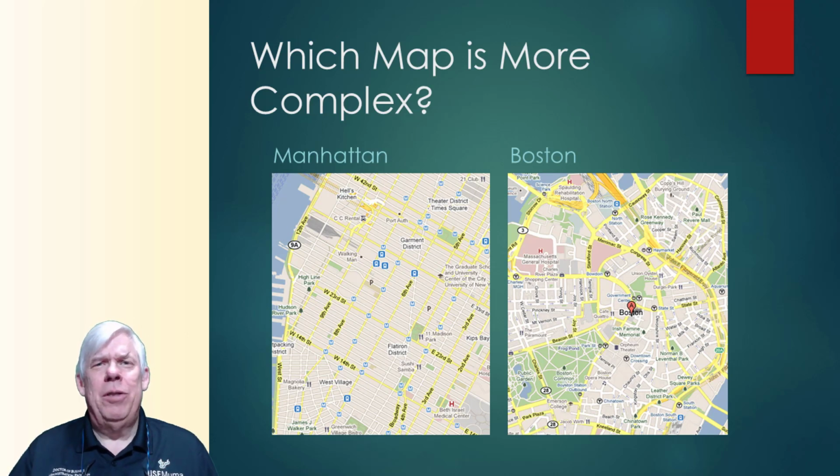Which of these two maps is more complex? Well, almost everyone, in looking at the two maps, will indicate that the map of Boston somehow seems more complex. But why is that? That's what we'll look at in this segment.